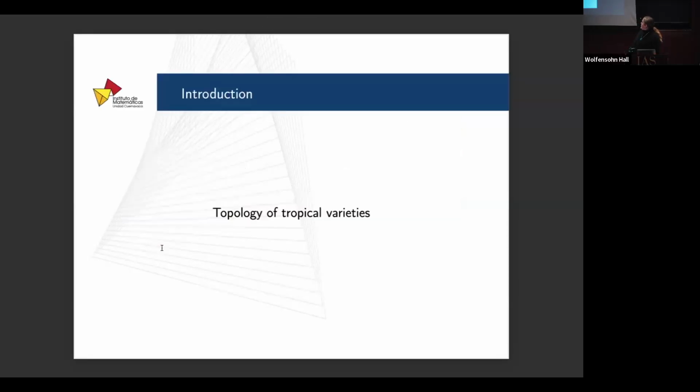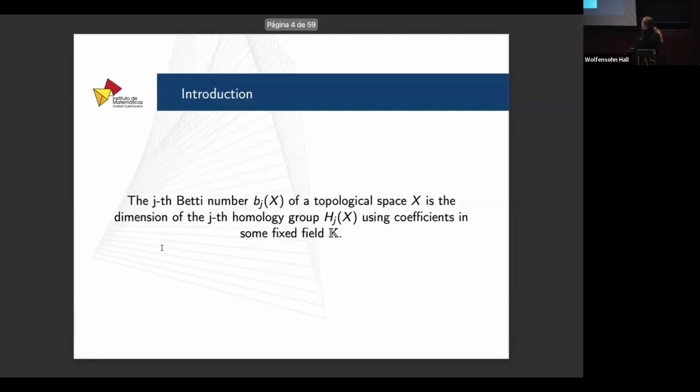Okay, then we want to study this kind of question. For example, we want to bound the maximum of the Betti numbers of a variety of given degree, given dimension, given codimension, where the Betti numbers are the dimensions of the homology groups.